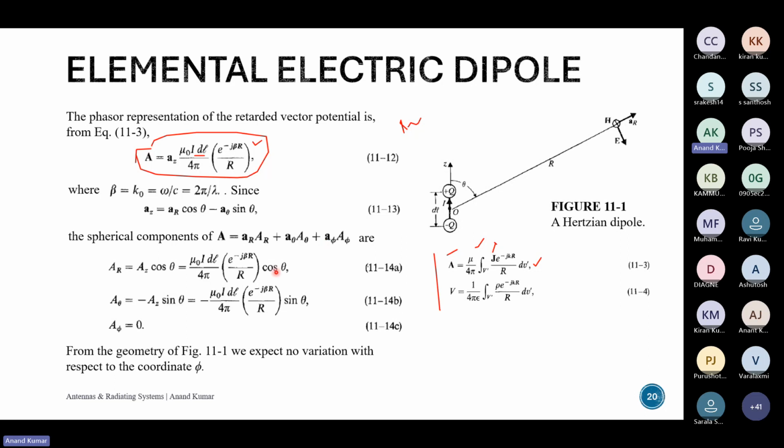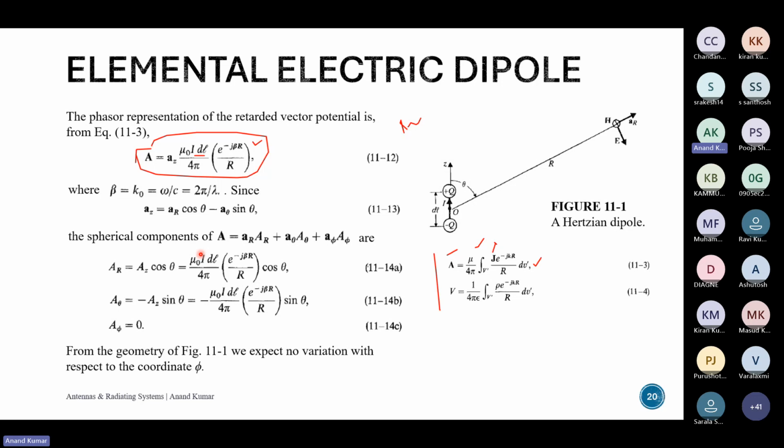Up till now, we defined the Hertzian dipole, we got the currents and charges, we defined the dipole moment, and we have the current distribution with us.